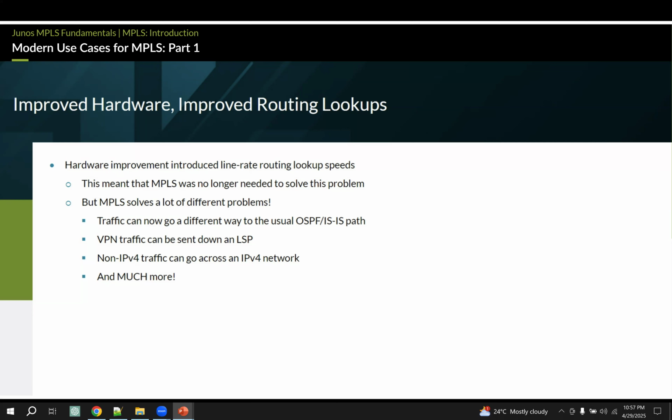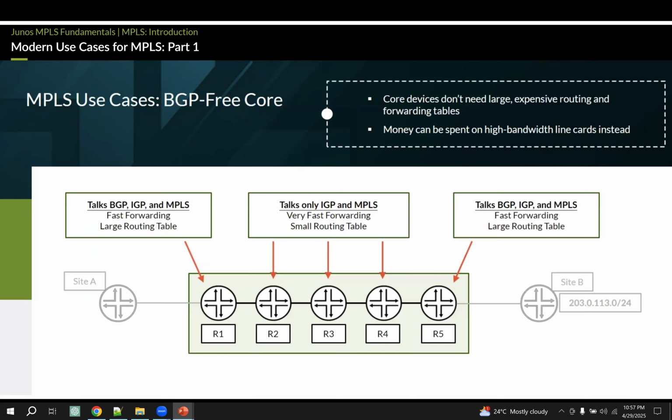Before, we thought a 10 Gbps link was enough. But now 100 Gbps is not enough. We need more than this. This is the improvement.